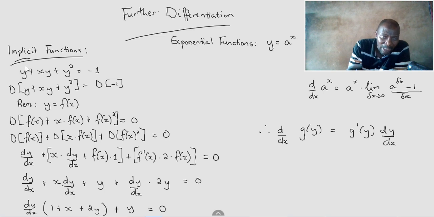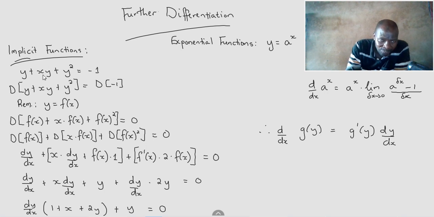So I say, with respect to y, that's y, but it's times dy dx. That's how I got that part. That one, the differential of that with respect to y would be 1. 1 times dy dx would give me dy dx.